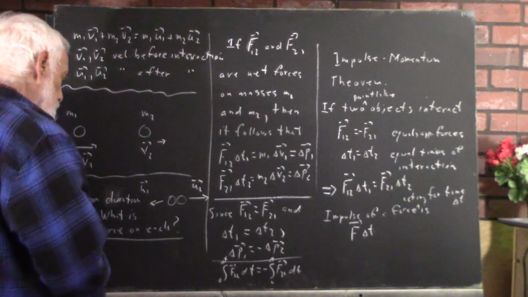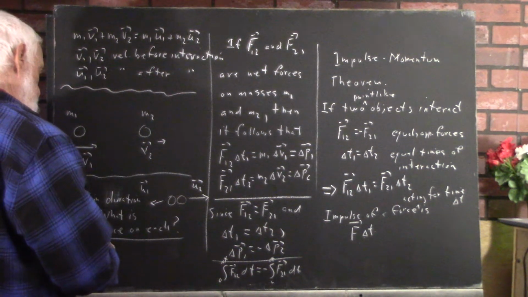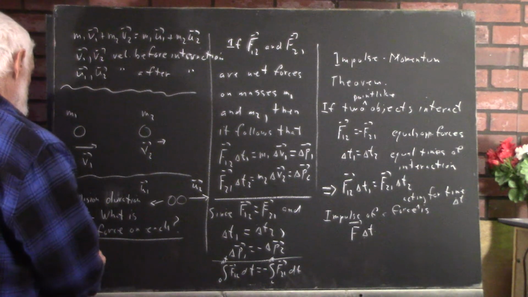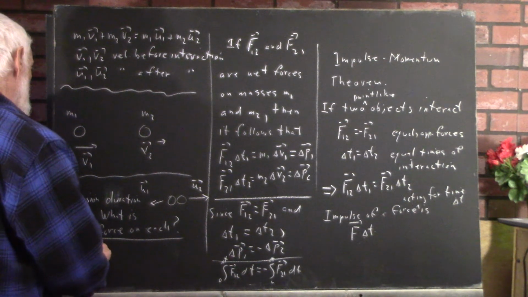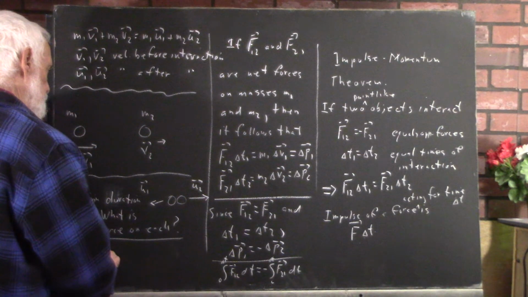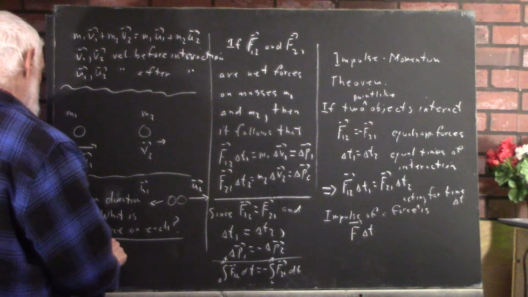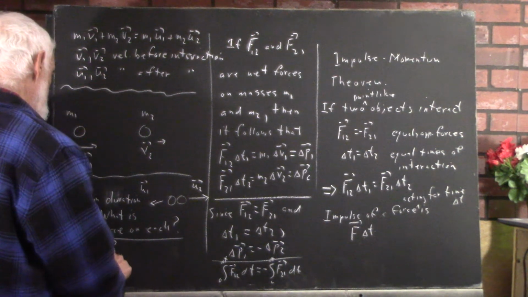The average force on each is the change in momentum over delta t: F12 equals delta P1 over delta t.